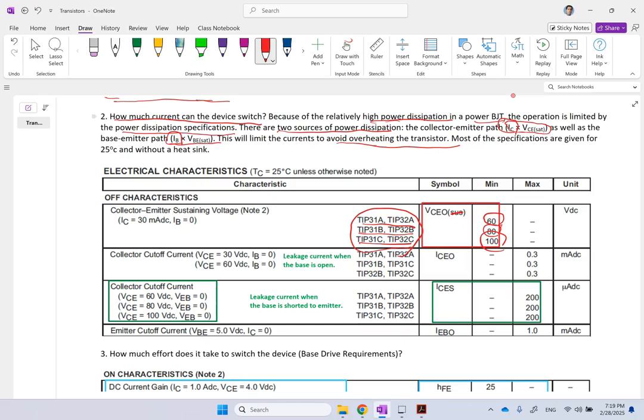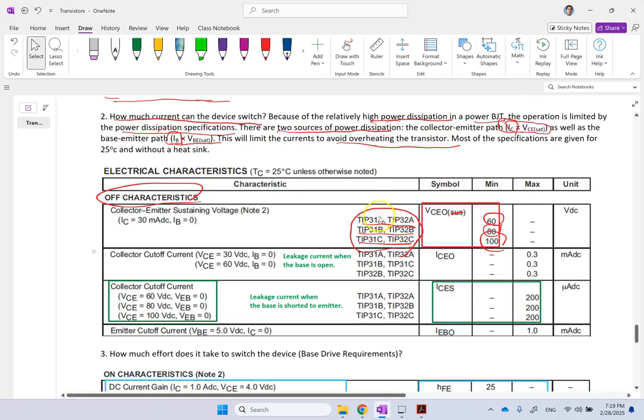So what specs do you have for that? Well, if you go and look at the rest of the off characteristics, one was the voltage that we talked about. Now you have currents. There are two currents that you can see. One of them is called ICEO.